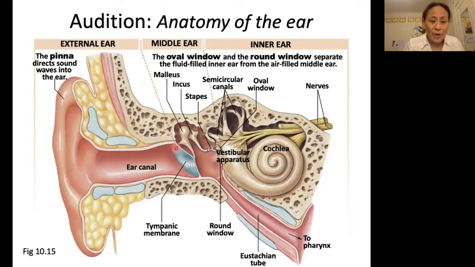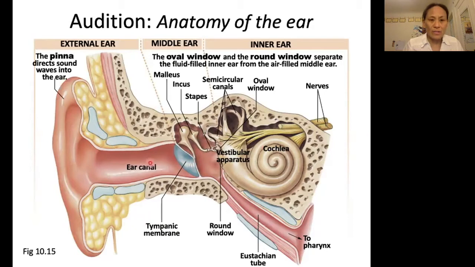It is separated from the middle ear by this membrane, the tympanic membrane, which you might know as your eardrum. And then the middle ear is separated from the inner ear by a membrane in here called the round window. And there's the oval window up here and the round window down here.